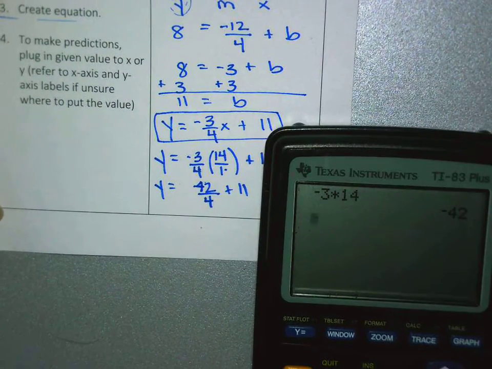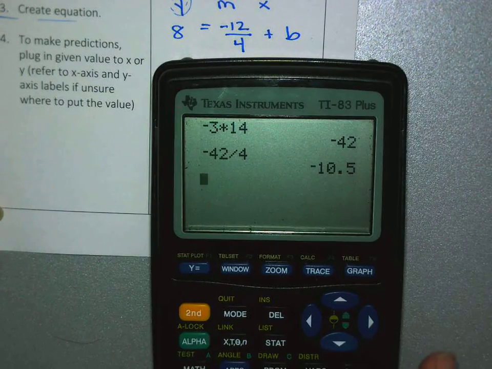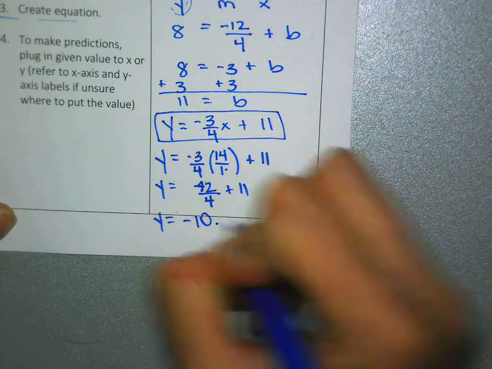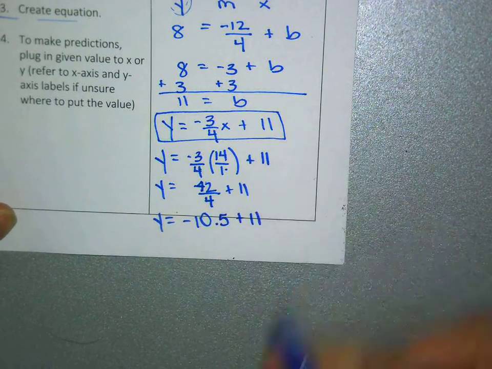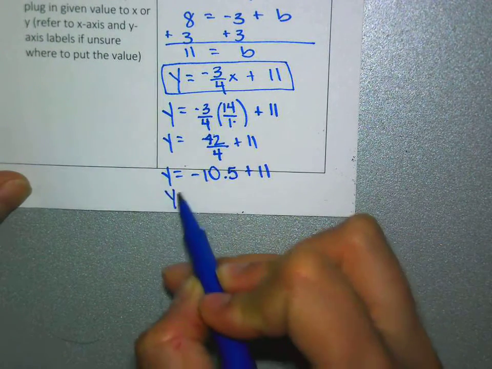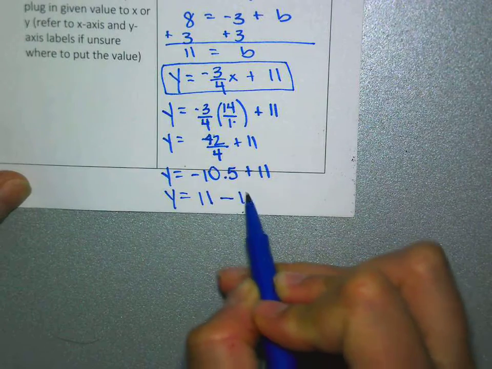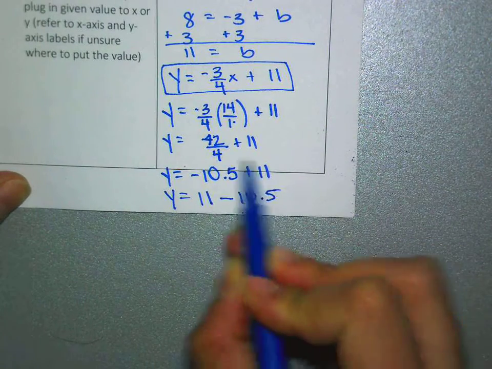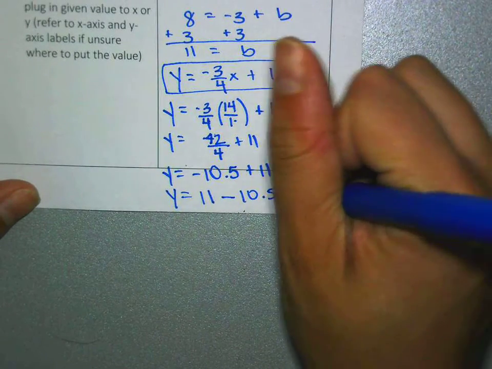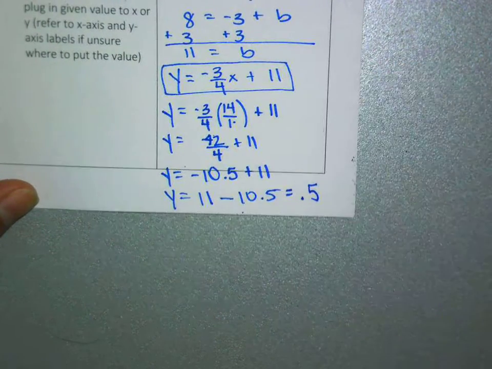I'm okay with decimals for this problem. So negative 42 divided by 4 gives me negative 10.5. And I know that negative 10.5 plus 11, or 11 minus 10.5, which is how I would switch these in my brain to make the subtraction easier, would just be 0.5.